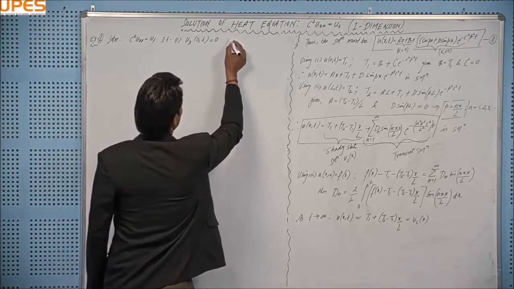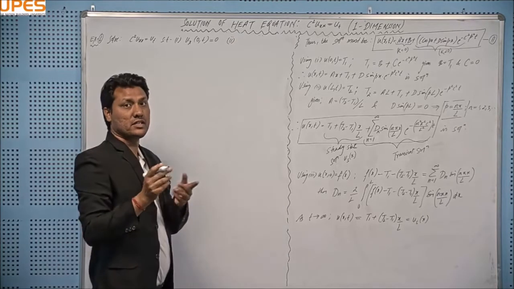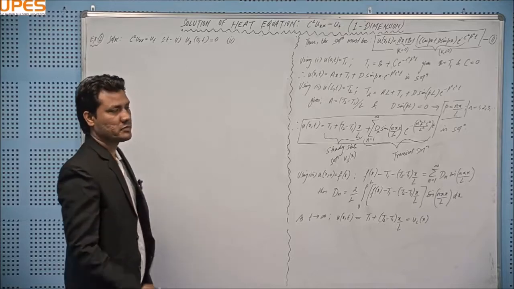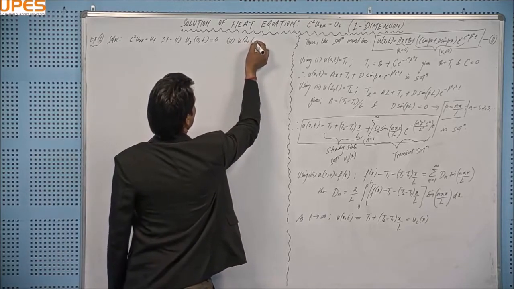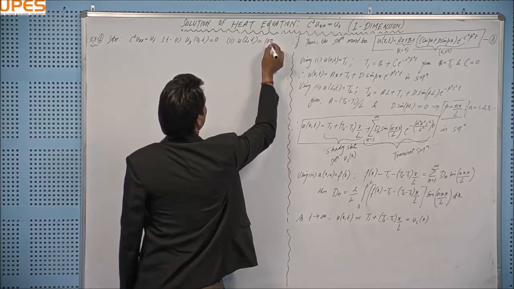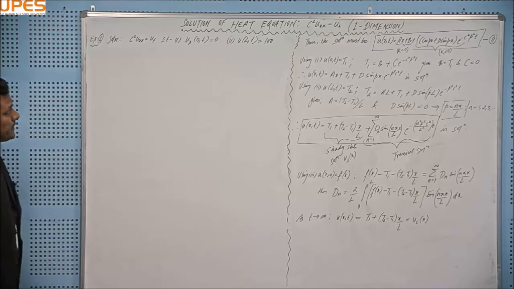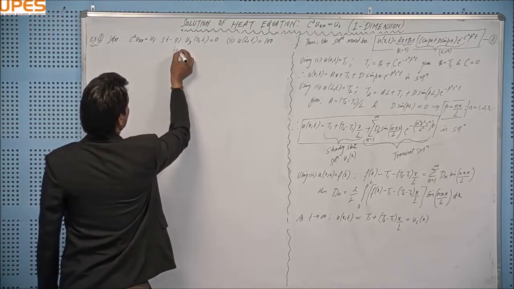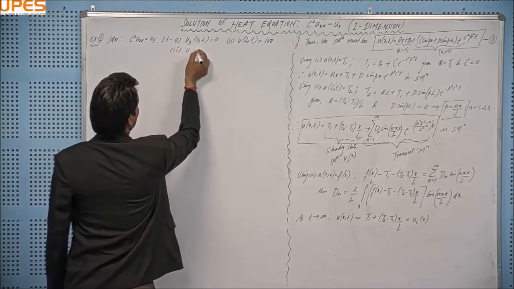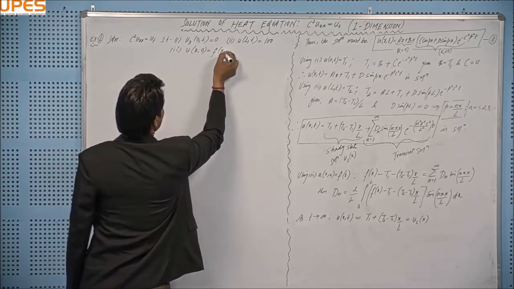And for the second condition, I am taking the right end at some arbitrary temperature, not 0 temperature. Let me take it 100, right? u(L,t) equal to 100 degrees Celsius, 100 Kelvin, 100 Fahrenheit, whatever. Okay, fine. And I have to take some initial temperature distribution, u(x,0), right?